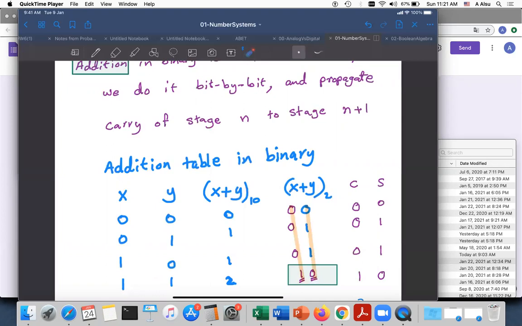It's 0, 1, 1. However, in the final case, 1 plus 1 is 2 in decimal, and we need to convert this 2 to binary, which is 1, 0. So we have a 0 with a carry of 1 to the next stage. You get it? We have a 0 with a carry of 1.